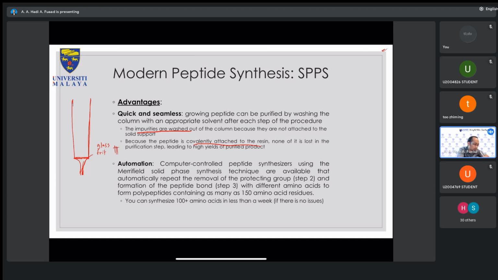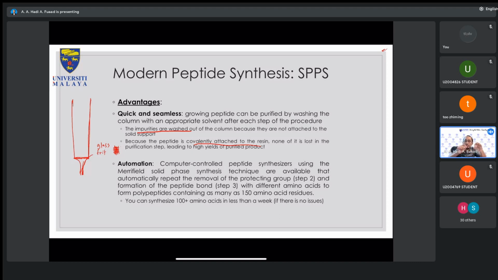Well, a frit is where you have very, very tiny holes, and the structure itself is arranged in a very proper manner. So this glass frit allows small molecules and solvent to just pass through.